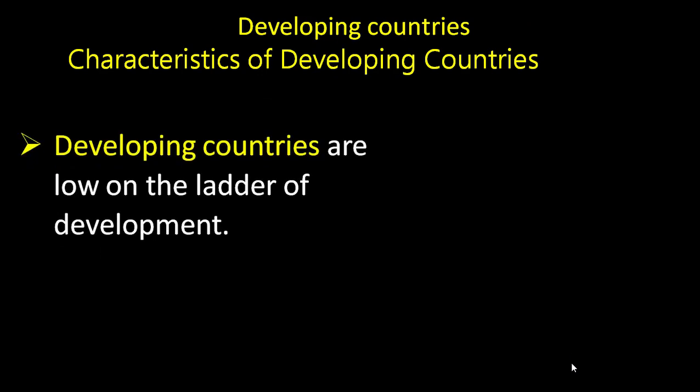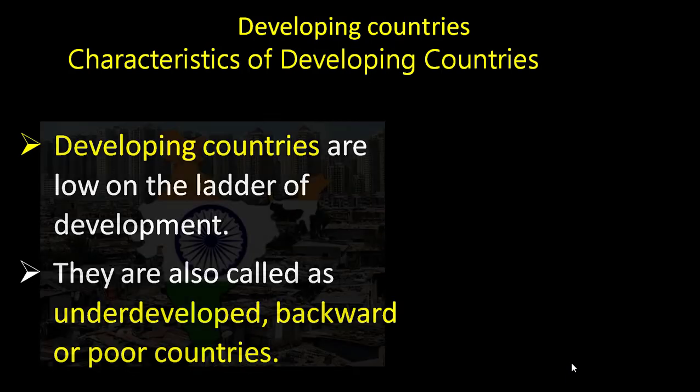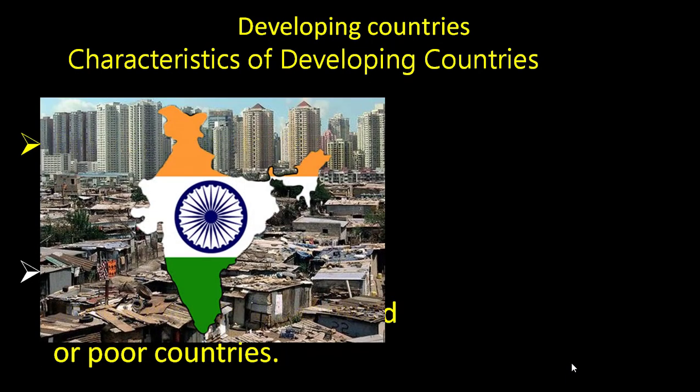What are the very important characteristics of developing countries? Developing countries are low on the ladder of development. They are also called underdeveloped, backward or poor countries. India is the best example of a developing country.